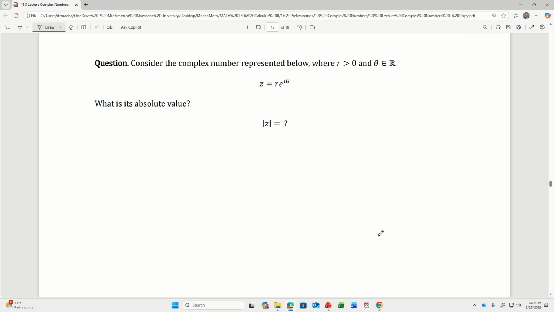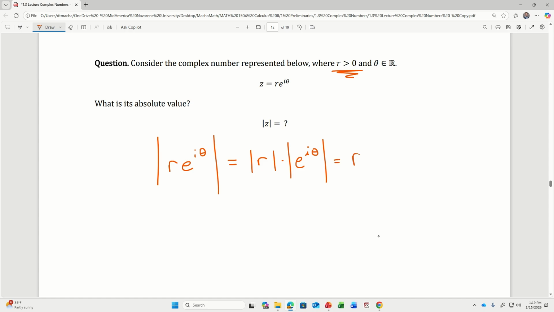So if I have a complex number that's r e to the i theta, and r is some positive real number, well, the way that absolute values work, I can split this product up into separate absolute values.